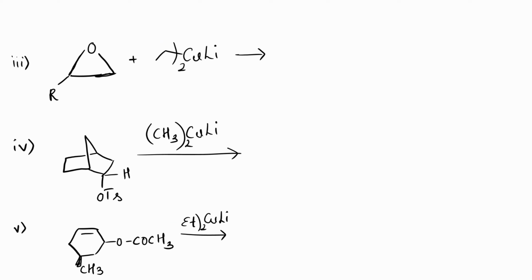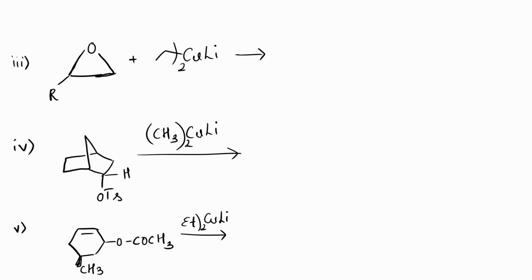Now if you consider an example of epoxide ring opening, as I said in the previous class, whenever you consider an epoxide ring reaction, soft reagents attack the position where it is less sterically hindered.